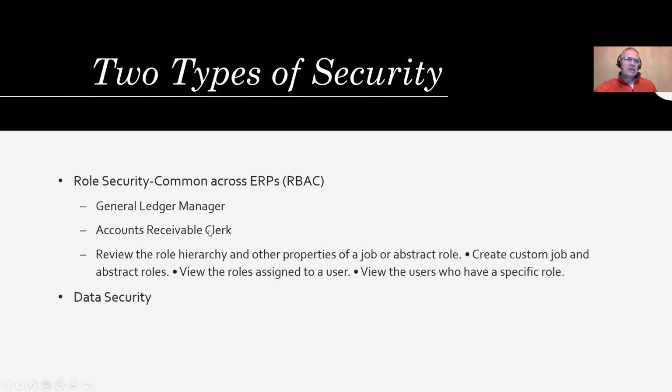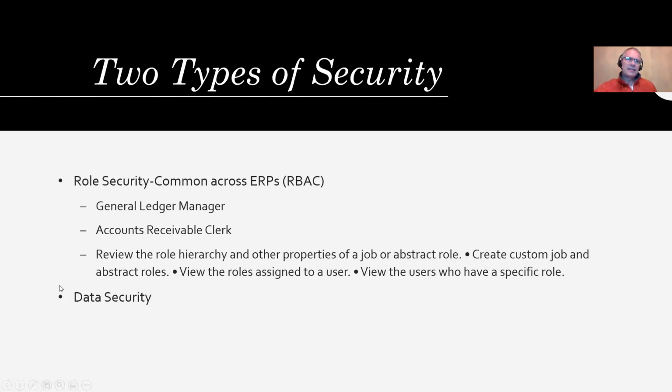EBS and Oracle Cloud both have these standard roles pre-made, but you might need to drill down and create custom roles. You want to review the role hierarchy and other properties of a job or role, create custom job and abstract roles, view roles assigned to a user, and view the users who have a specific role.